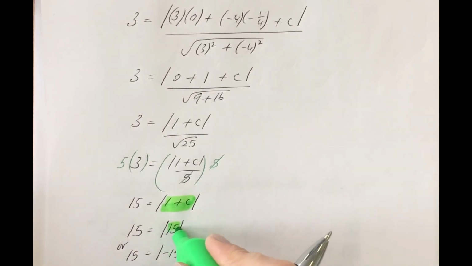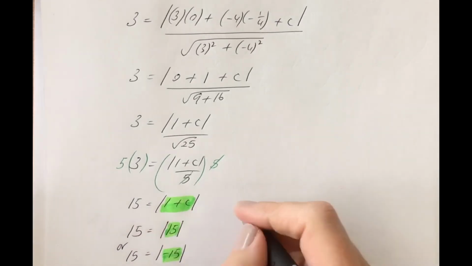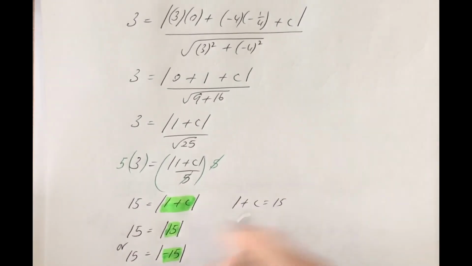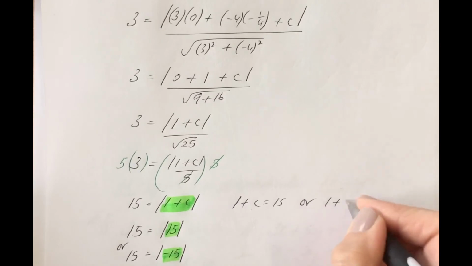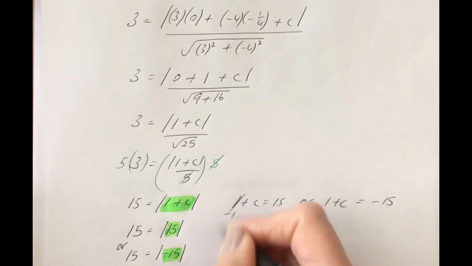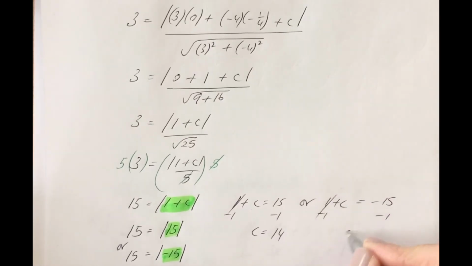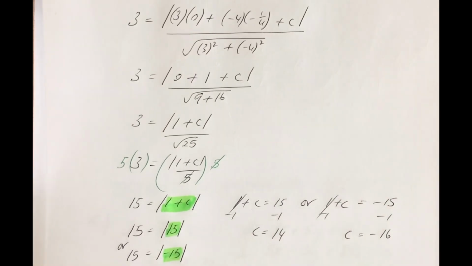So the two possible results of 1 plus c is it could equal positive 15 or minus 15. So take away 1 from both sides here and we can solve for c and we get 14. Take away 1 from both sides here and we get minus 16. And they are the two possible values for c.